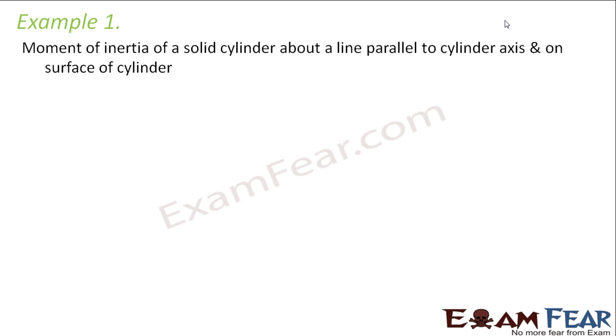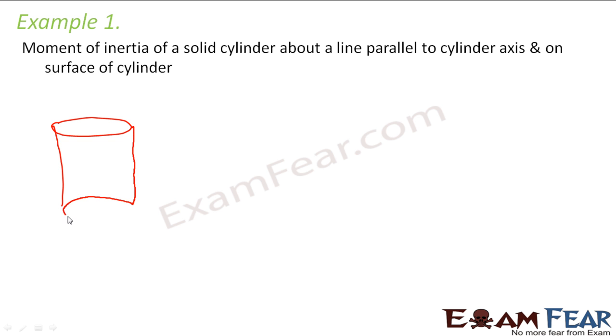Let us look at an example which will make things clearer. Let us suppose we have to calculate the moment of inertia of a solid cylinder about a line parallel to the cylinder axis and on the surface of the cylinder. It would look something like this. Suppose you have a cylinder like this.